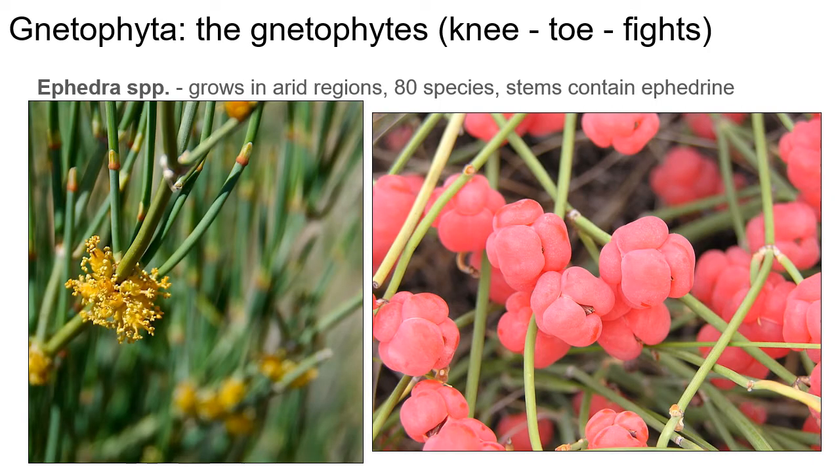Ephedra is another example of one of our Gnetophytes, and this is one that is at the HSU greenhouse. You can see it has these little scale-like leaves, and these would be arranged opposite from each other. So we would see one here and one here. That would happen at each node. We'd have a little pair of scale-like leaves across from each other. These are the male cones, and these are the female cones. So again, we have these very weird angiosperm-like structures.